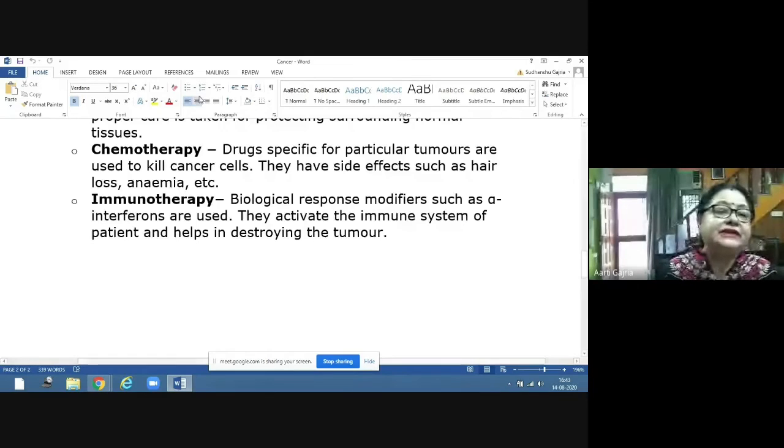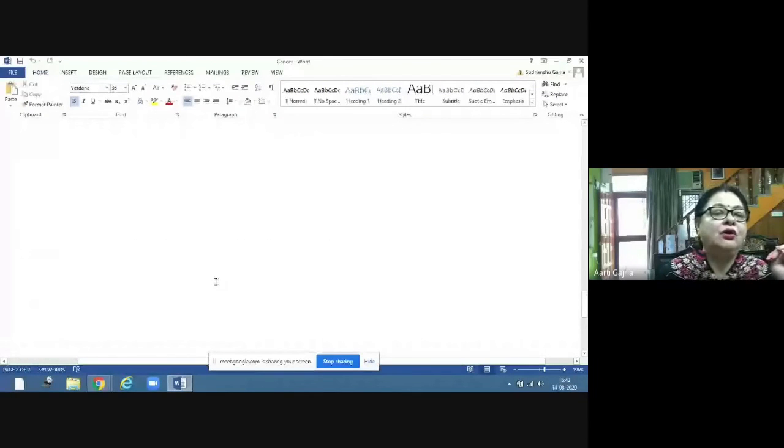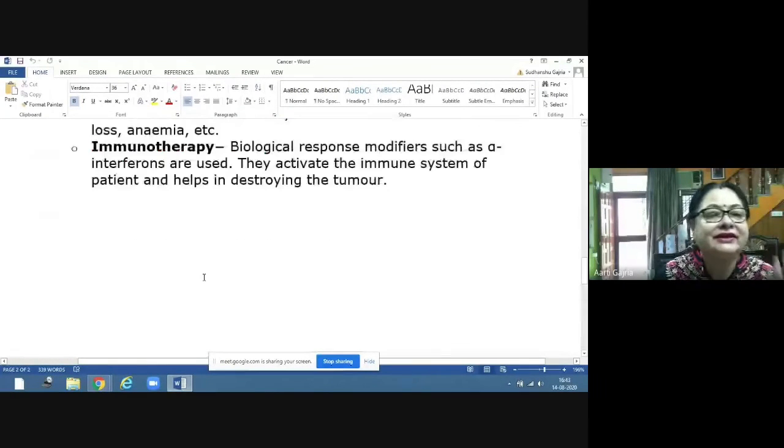So these interferons are used in immunotherapy to cure the tumor. They activate the immune system of the patient and help in destroying the tumor. So this is how cancer is treated.